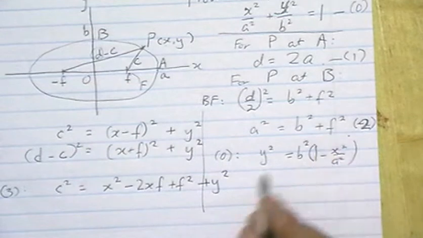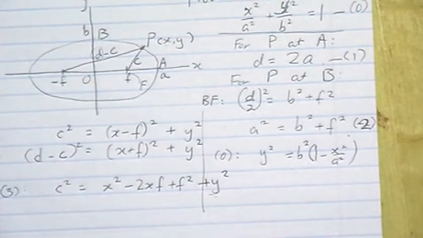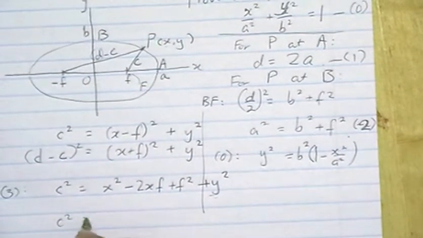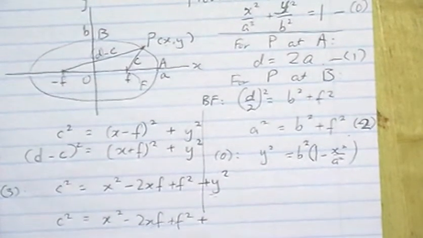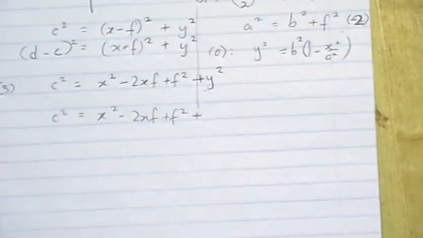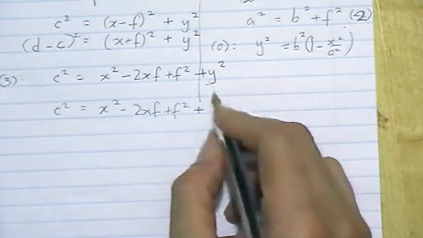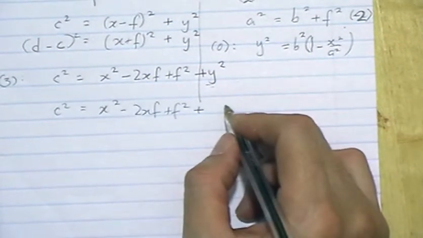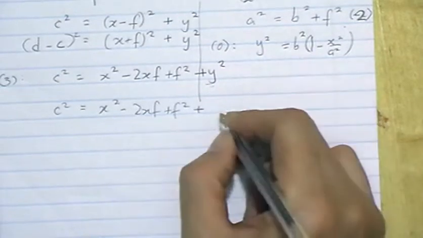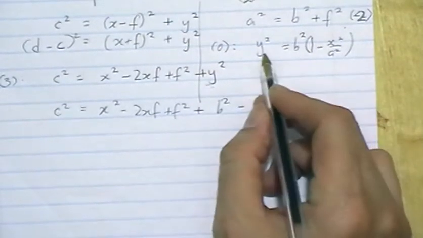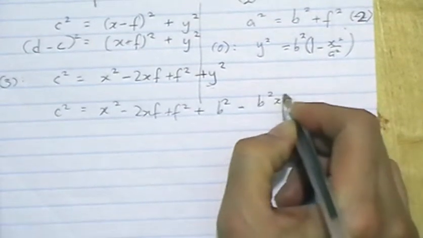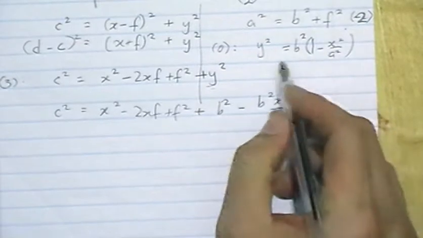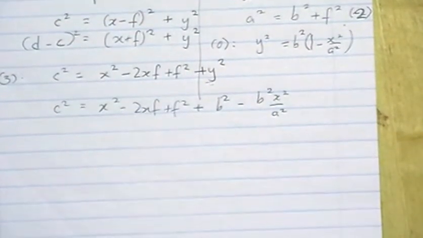So I can substitute this for the y squared here. So c squared is equal to x squared minus 2xf plus f squared plus y squared, which is that. So this is b squared minus b squared x squared over a squared. That is this.